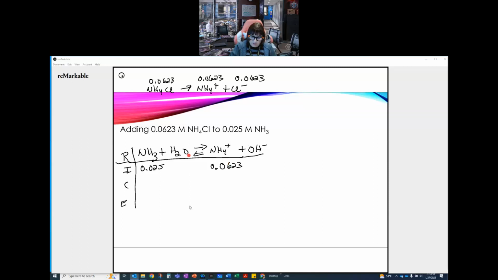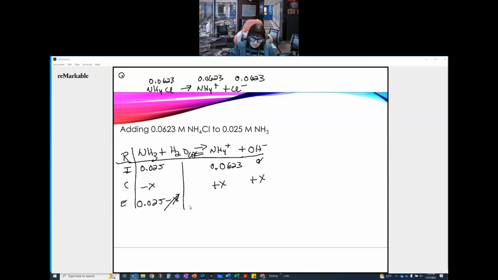This is a liquid, so I don't care about that. And the OH minus we're assuming to be 0. Now, when this comes apart, I get a negative x, a plus x, and a plus x. So I get a 0.025 minus x. We ignore the x because it's small compared to the initial concentration.